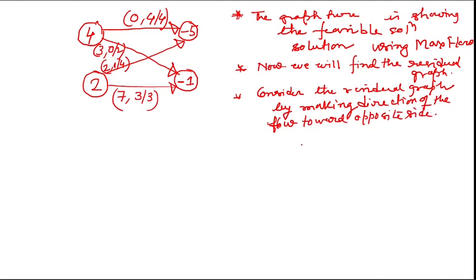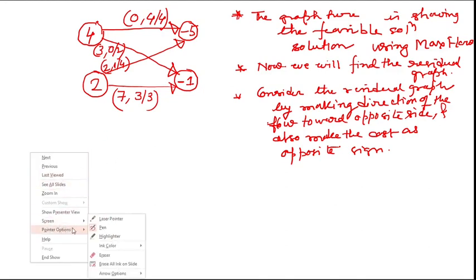That means you can see the opposite side, and also make the cost the opposite sign. That means if it is positive, make it negative. If it is negative, make it positive. Okay, so now we'll just draw the residual graph.